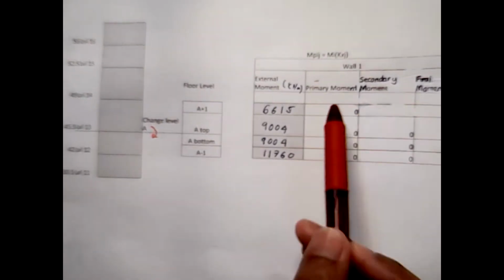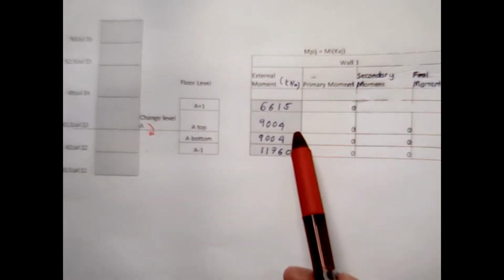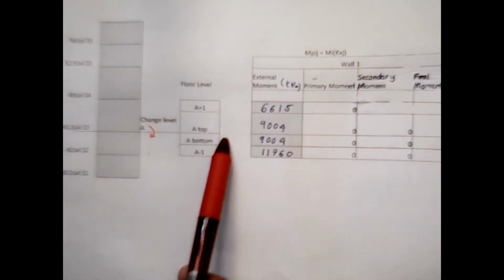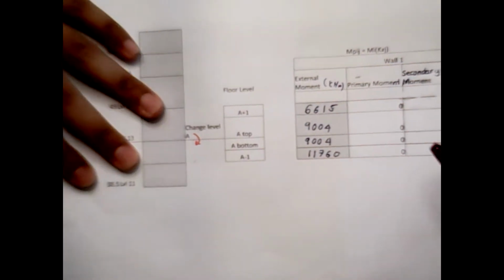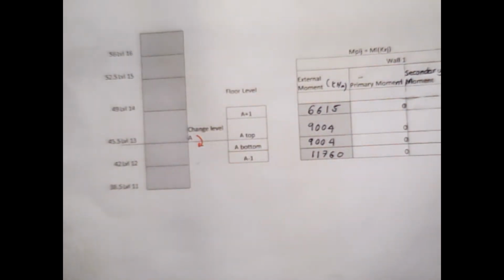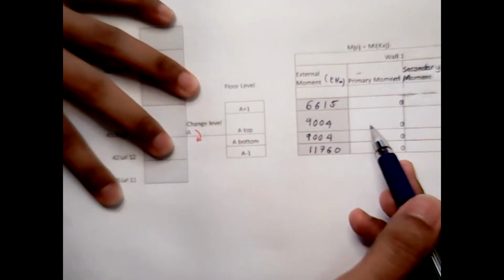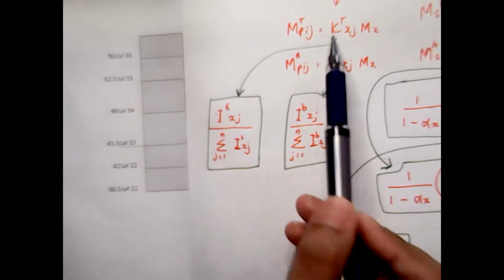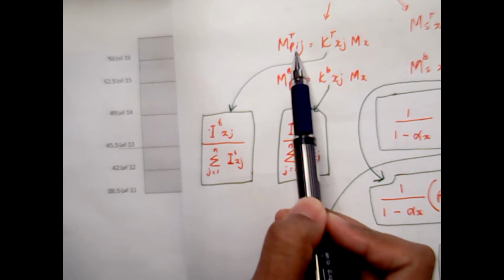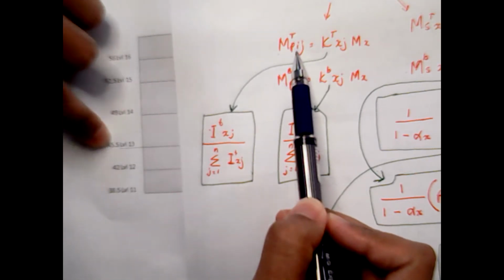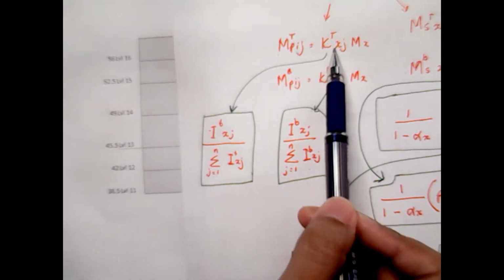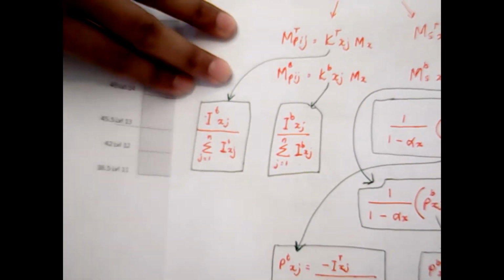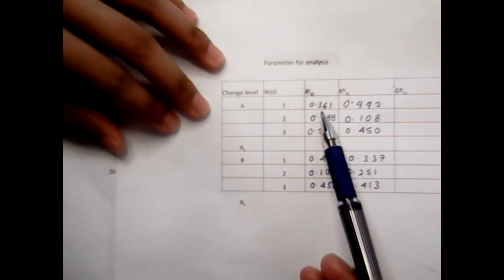So now you have the primary moment. The primary moment you get is 9004 at the top above the interchange level. Now let's fill in this primary moment. To recall the equation given to you, the primary moment at top for level 13, wall 1, uses the distribution factor you calculated earlier, which is 0.361.